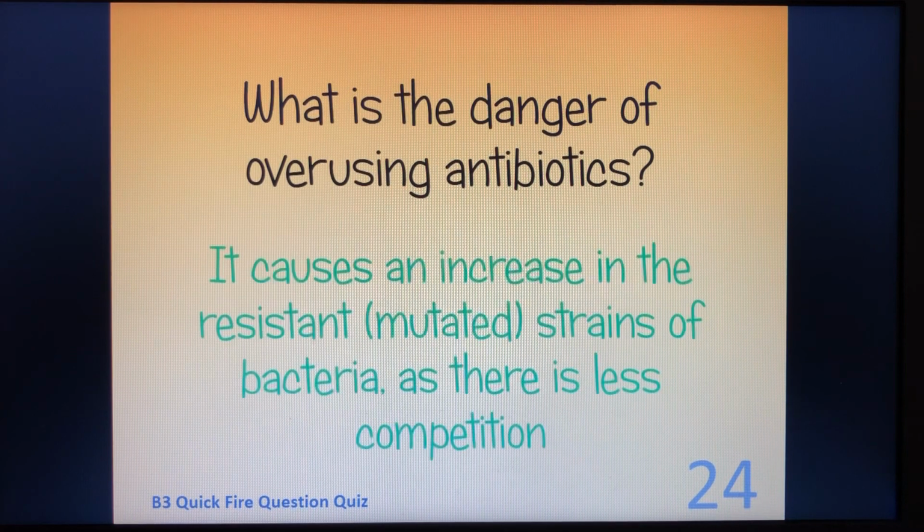Okay, and the answer is it causes an increase in the resistant, we might call mutated, strains of bacteria. So what's happening is the non-resistant strain of bacteria can be killed by the antibiotics.